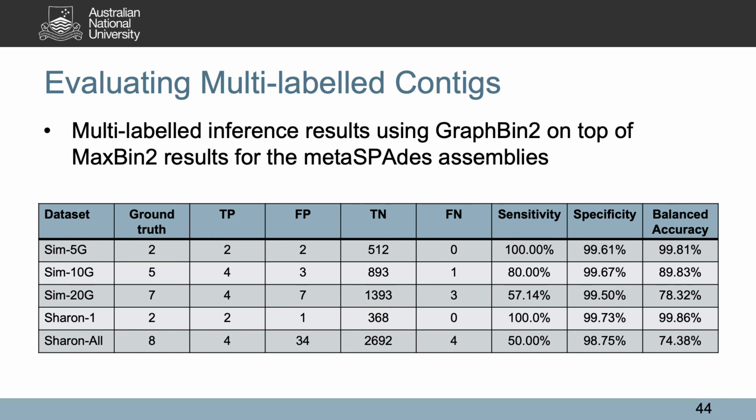The number of multi-labeled contigs is much smaller than the number of single-labeled contigs. We can see that GraphBin2 has assigned correct labels for most of the multi-labeled and single-labeled vertices. However, results may get affected due to the poor performance of the initial binning tools and poor assembly quality, which can result in very fragmented assembly graphs.